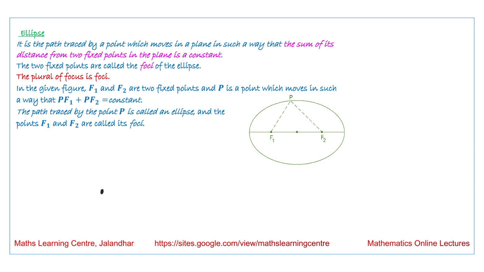We are given two fixed points F1 and F2, and we are interested in the locus of the points for which the sum of the distances is constant. We take any point P(x, y). We calculate the distance of P to F1 and the distance of P to F2, and we take the sum of distances PF1 plus PF2, and this value should be equal to a constant.